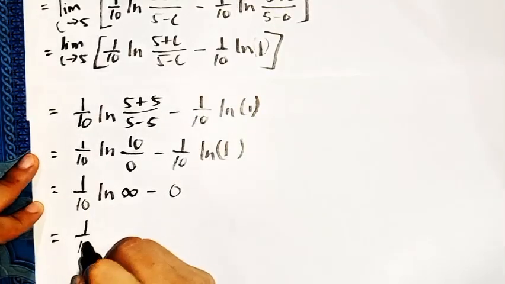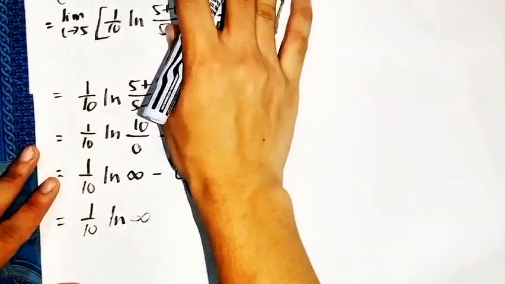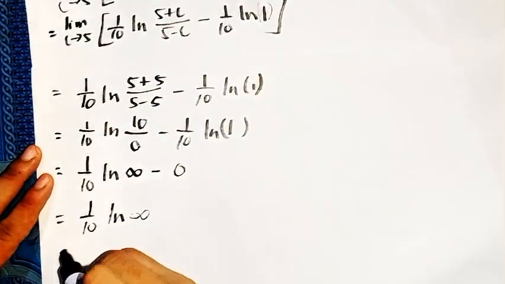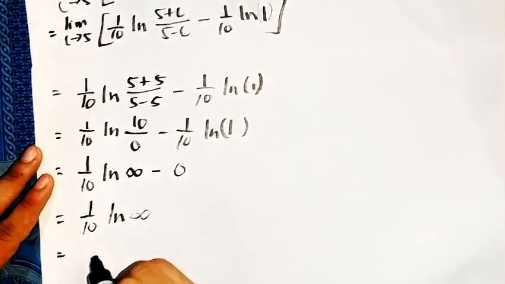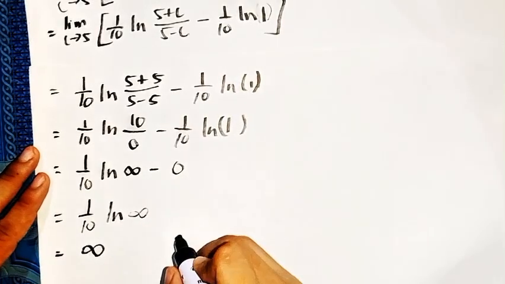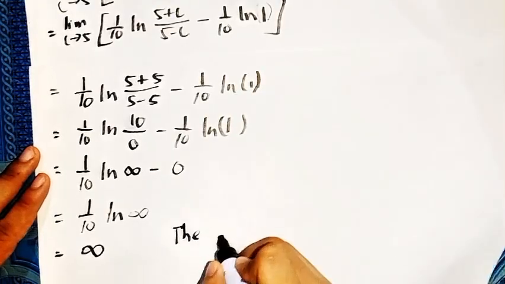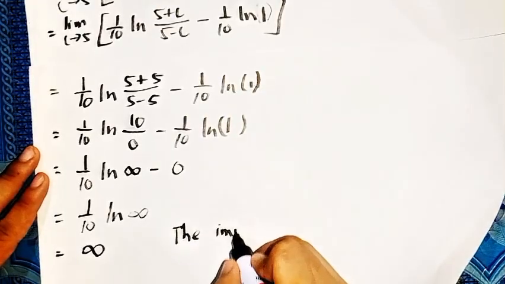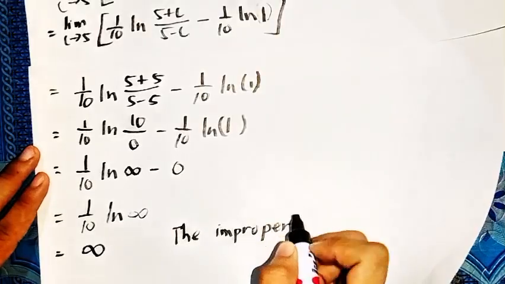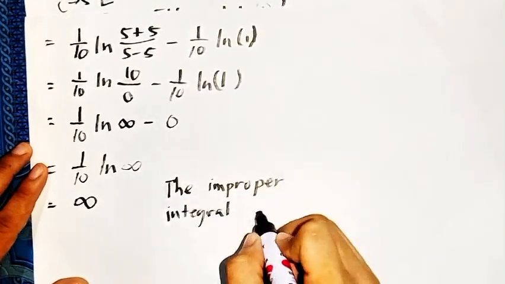So 1 over 10 ln infinity, ito magiging infinity. So 1 over 10 times infinity, magiging infinity. Therefore, the limit and the improper integral diverges.